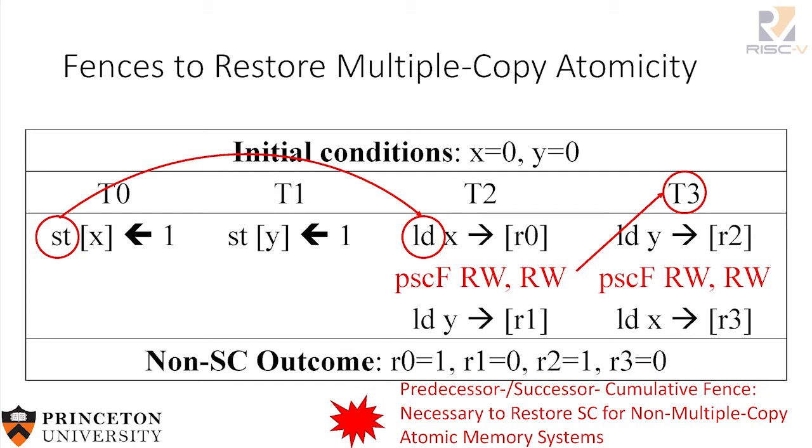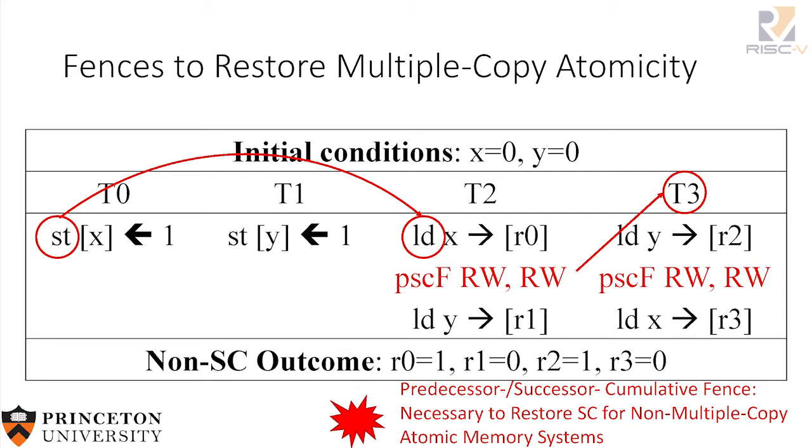So the base case for this fence would be the predecessor set, so the things being ordered before the fence, will be all reads and writes on that thread itself. So in this case, it's the load of X into R0. The successor set base case will be all the reads and writes that follow the fence in program order. So in this case, again, that's this load of Y into R1.